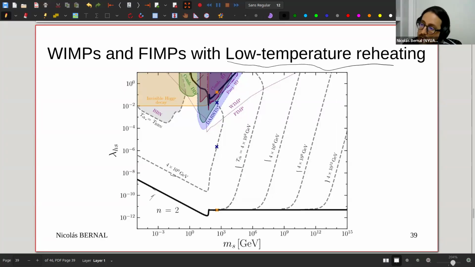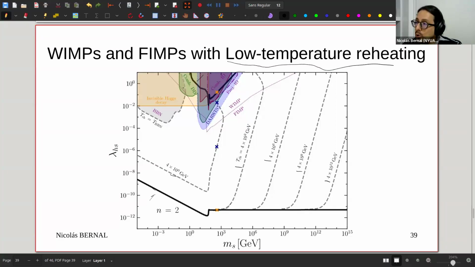And of course, you need the T reheating to be higher than T BBN, so this parameter space will not be allowed. Another thing is that this thin dotted line corresponds to the border between WIMPs and FIMPs. That means that above this line you have thermalization, and below you don't have thermalization.